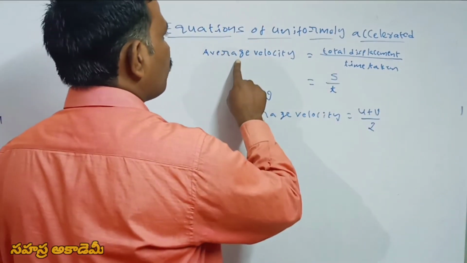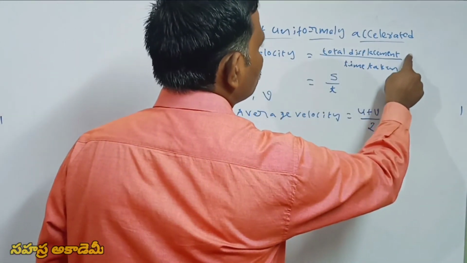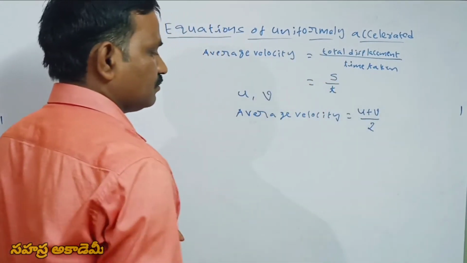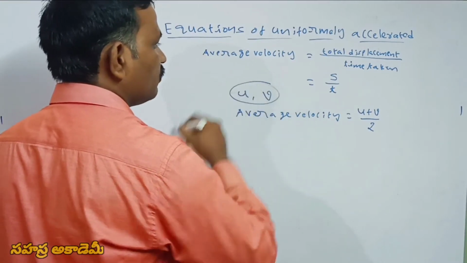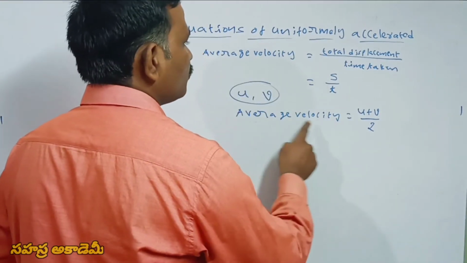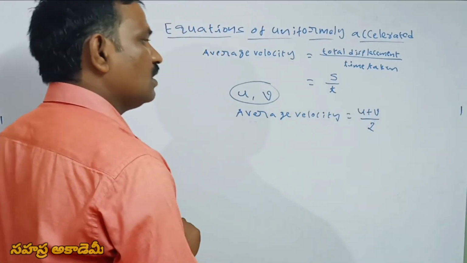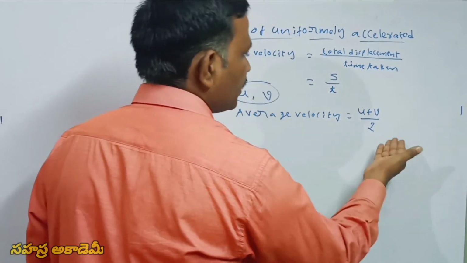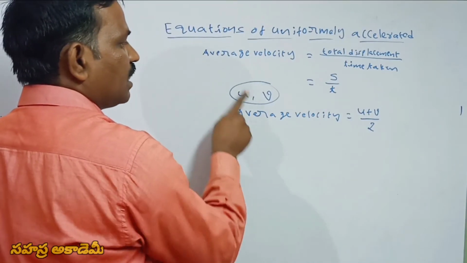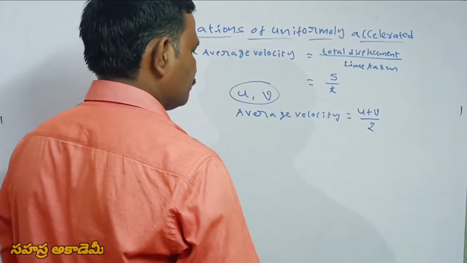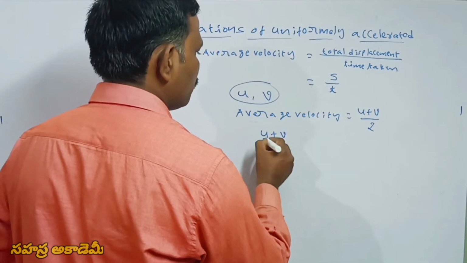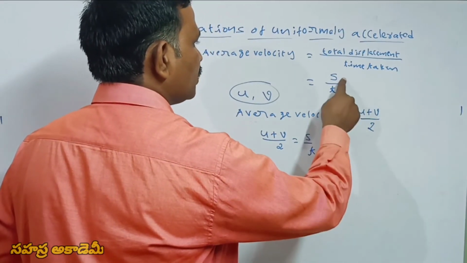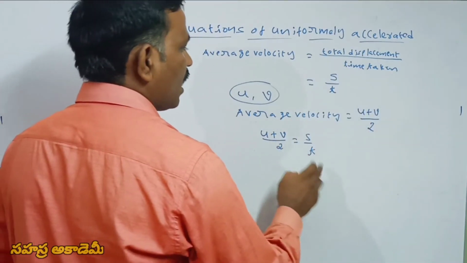In physics, average velocity is equal to total displacement by time taken, that is s by t. Both are average velocities, so they are equal. Now u plus v by 2 is equal to s by t.